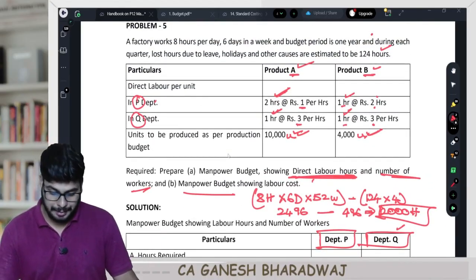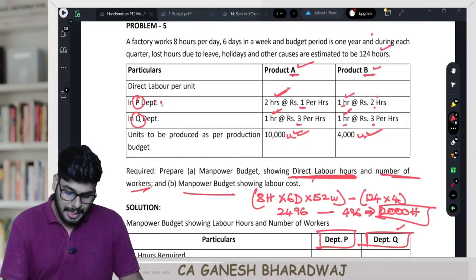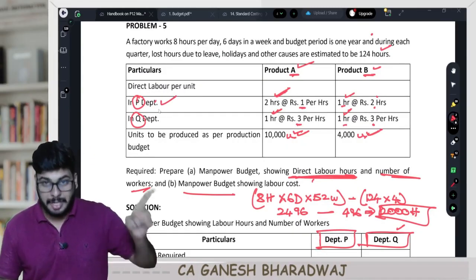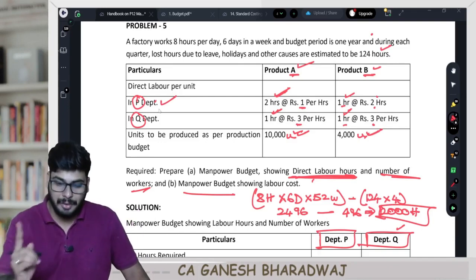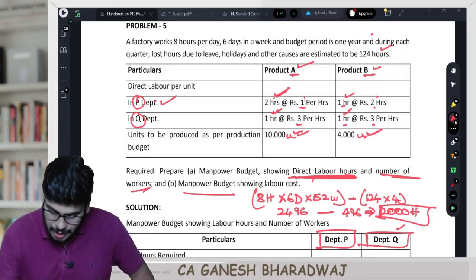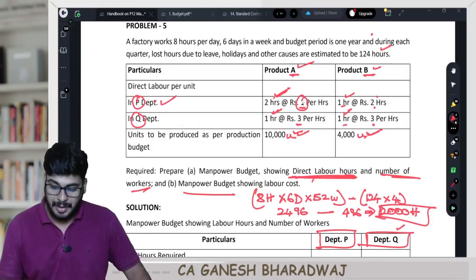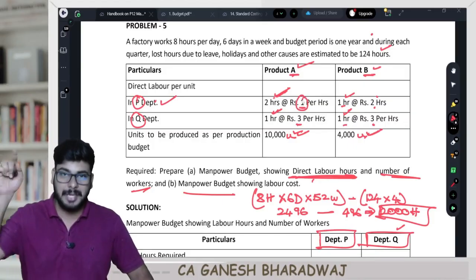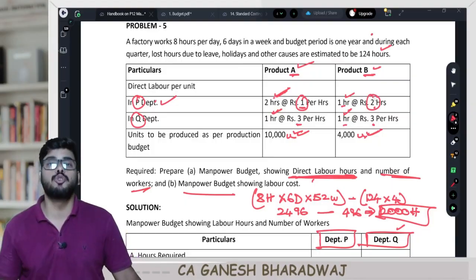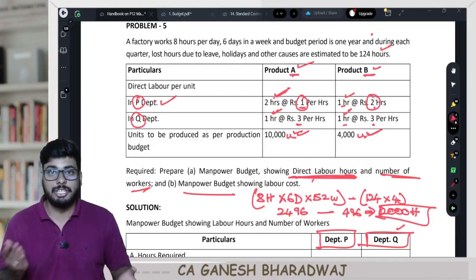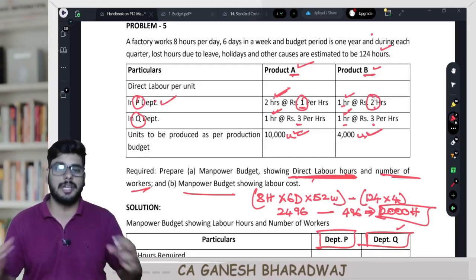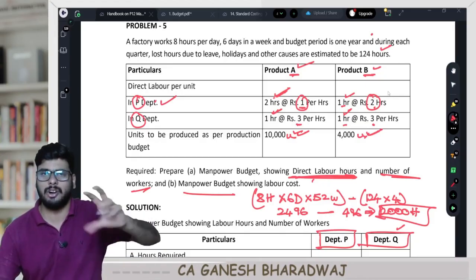See, Department P: for every hour the worker in Department P is working on product A, the cost is 1 rupee. Whereas if the same Department P worker is working on product B, the cost is going to be 2 rupees per hour. Are you clear with this? So there is a differential rate within the department itself, and we need to do it accordingly.